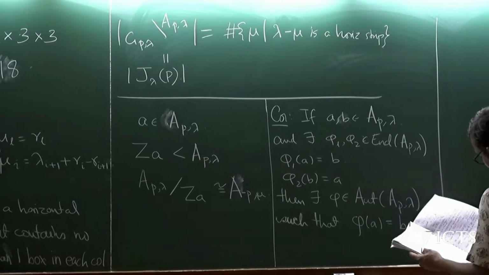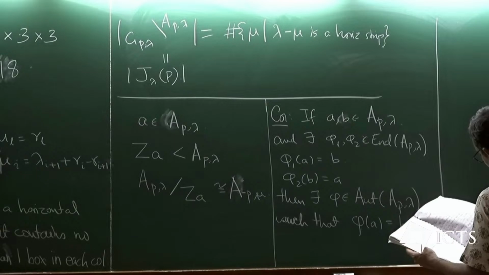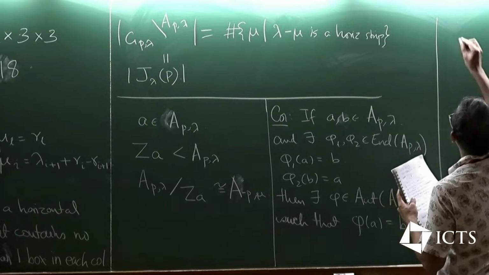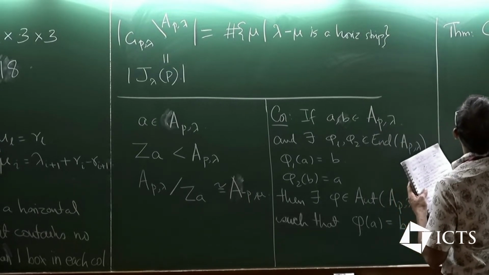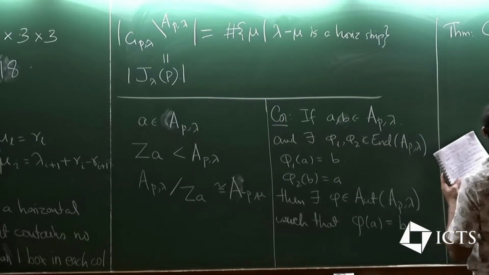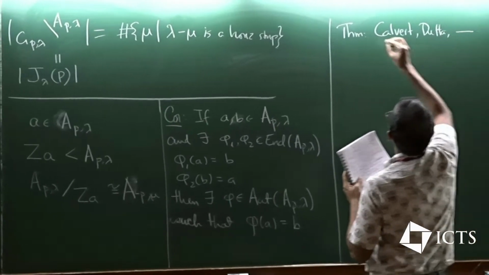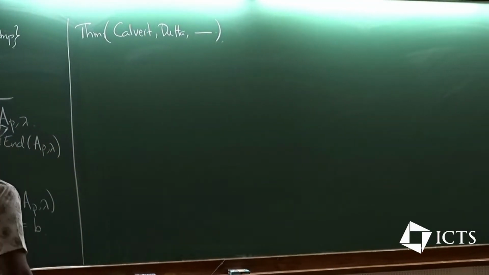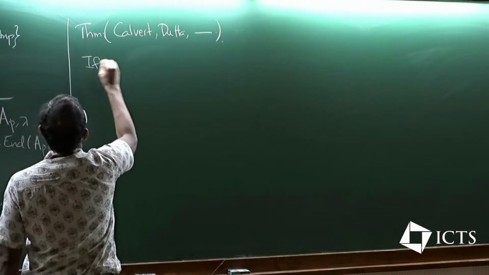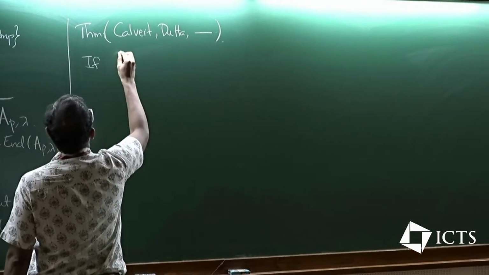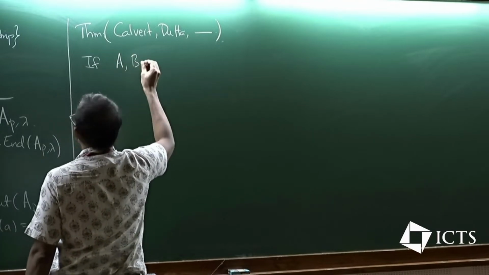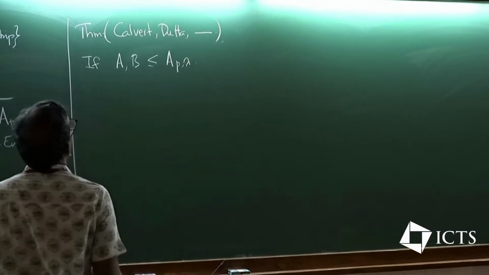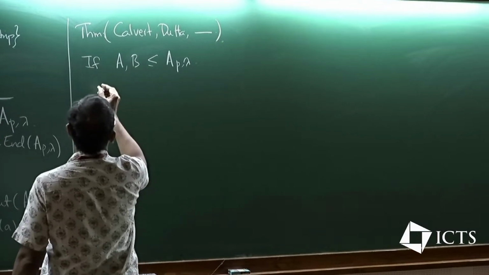there's a theorem that I proved a little later with Wesley Calvert and Kudal Datta, and it says that this holds also not just for elements but also for subgroups. If A and B are subgroups of A_P lambda, and the same statement, right?